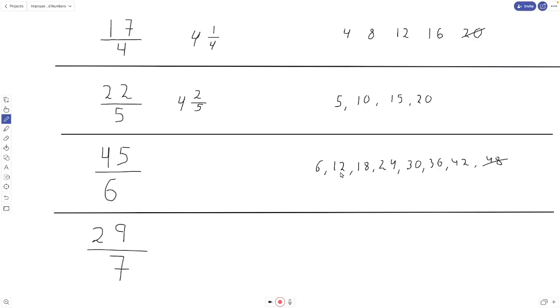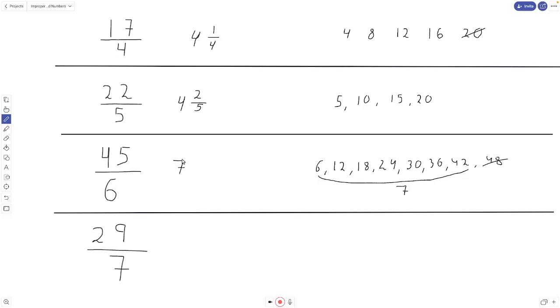So we're going to count how many times 6 goes into 45 without going over. Let's count how many numbers we have here. Over all this, we have 1, 2, 3, 4, 5, 6, 7 numbers, right? So 7. So we can write a 7 here now. That's our whole number.